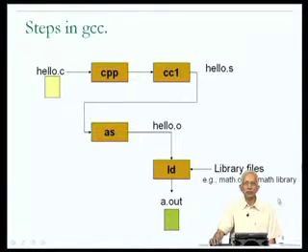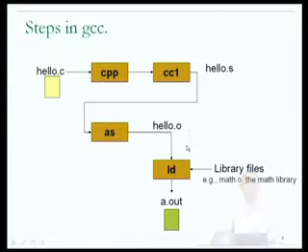Now let me say a little bit about the library files. Many of you may be aware that if you're writing a program doing some scientific calculation of some kind, you may be using certain library functions which are available in a library file. For example, if you are using the sine or cosine or logarithm functions, you are not writing those functions yourself.